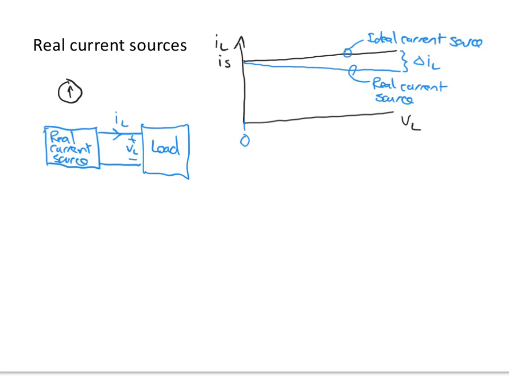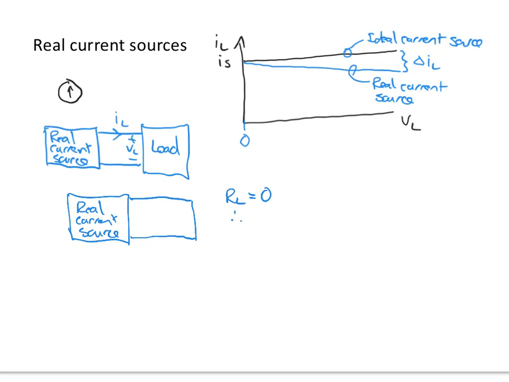So we would draw it like this. We'd have a real current source, so the load RL is equal to 0, and therefore VL is equal to 0. And then this current here, IL, is going to be equal to the short circuit current I short circuit.